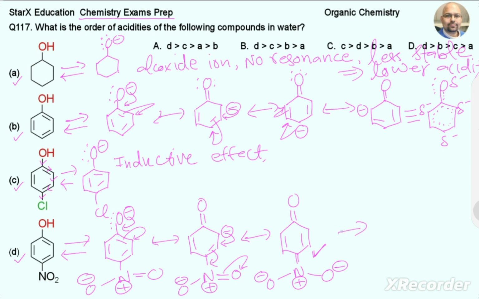You can draw out the other structures the same way as we did in the case of phenoxide ion, and let's just draw the resonance hybrid now.